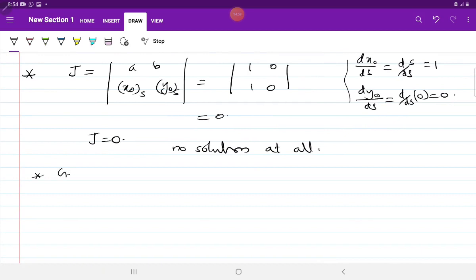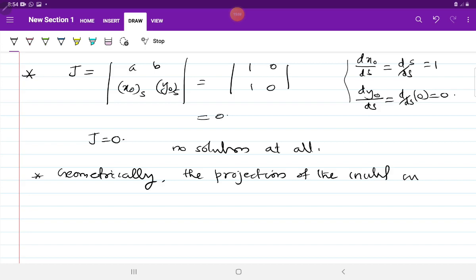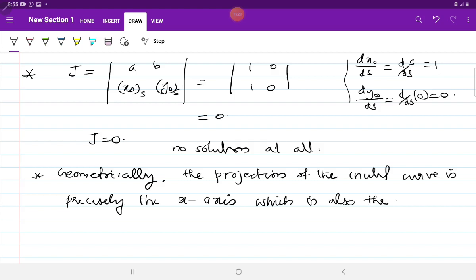So geometrically, the projection of the initial curve is precisely the x-axis, which is also the projection of a characteristic curve.